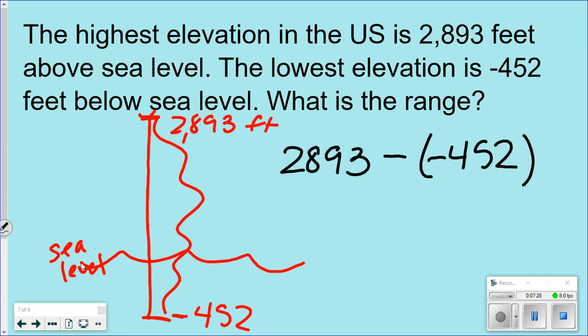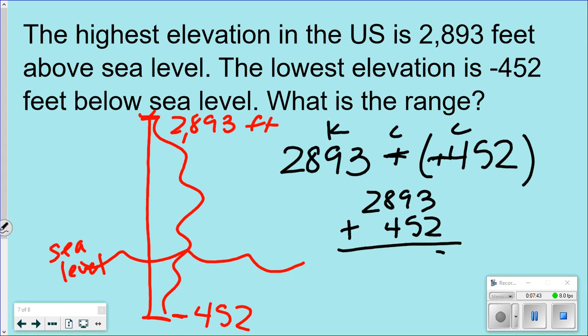If you start writing it up and down, you're going to get even more confused. So if you write it in a line, it's easy to see the keep, change, change already. So keep, change, change. So really, it turns into an addition problem. And this would be your answer.